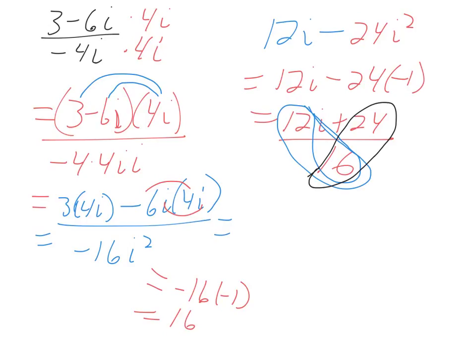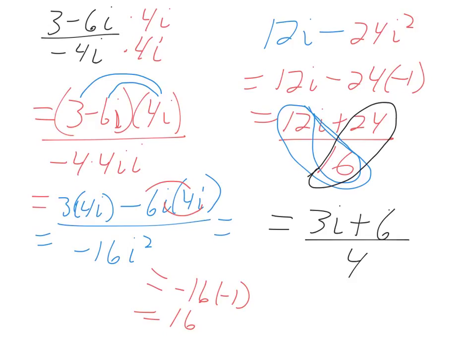So if both of them will be able to simplify by the same number, I can simplify it. So let's look at the 12 and the 16. 4 will go into both of those. So 4 will go in those 3 times, and I got to put the i. And on the 24, 4 will go into there 6 times, and then I have 4 on the bottom because that's what I use.